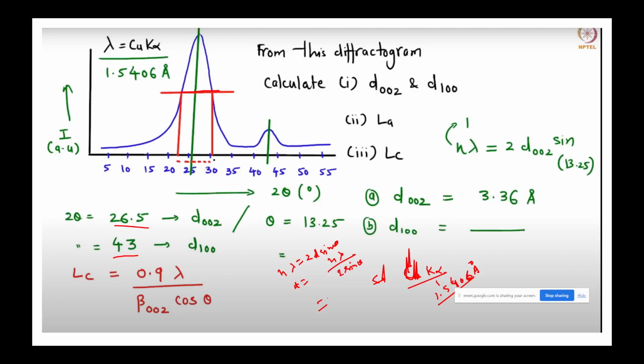Putting in the values, it would be 1.5406 divided by 2 sine 13.25, where you put n equals 1.